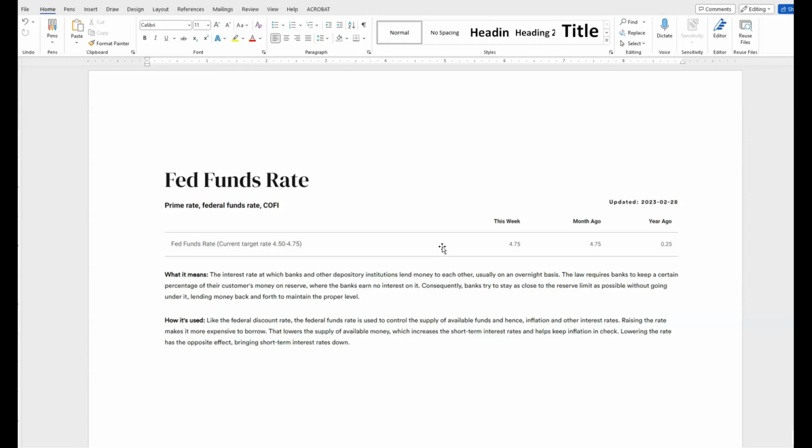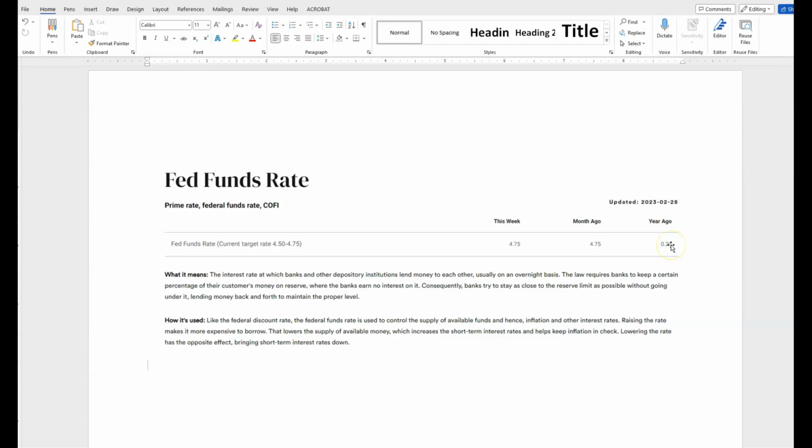This is the rate at which banks lend to banks. So banks have to keep a certain percentage of their money on reserve, and they don't earn interest on it. So they try to loan out that money back and forth to other banks to keep the proper level. This is the federal funds rate for February 28th, 4.75%.